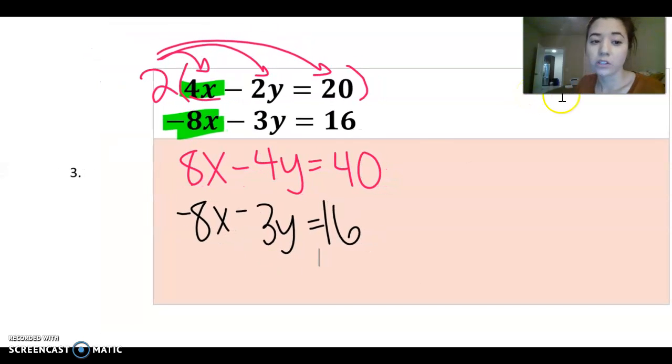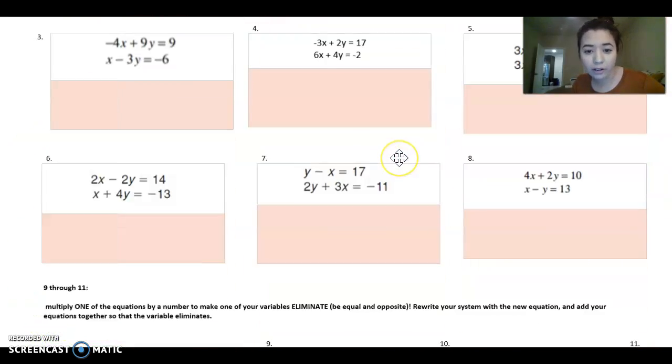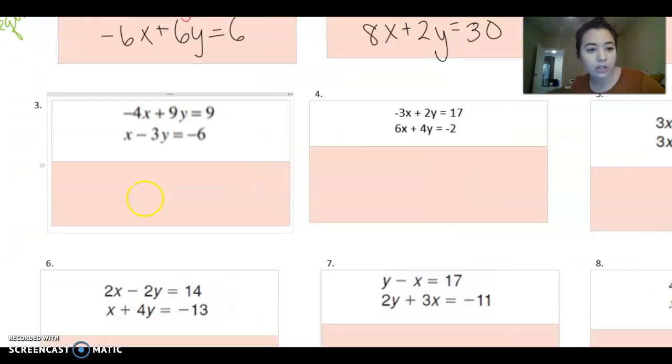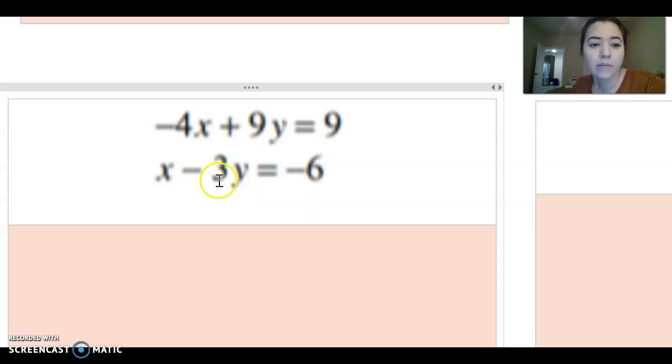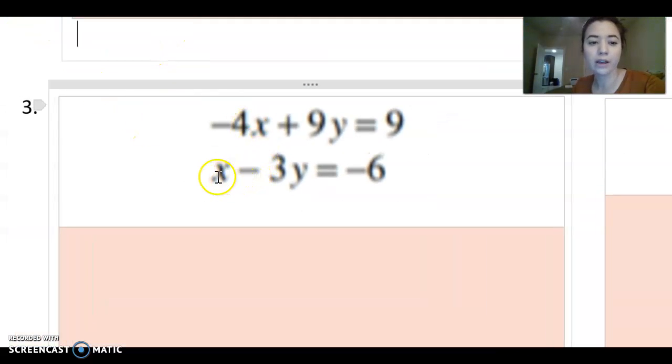So sometimes it's going to be the bottom equation that you multiply. I think I show you that. I think we have some like that down here. Okay, so like this one, number 3 in your IP. Looking at this, again, it's pretty easy to make a 1 become a 4, or pretty easy to make a negative 3 become a negative 9.